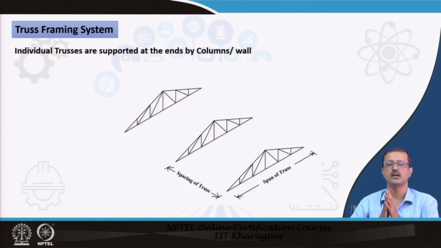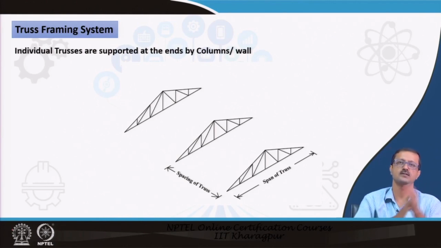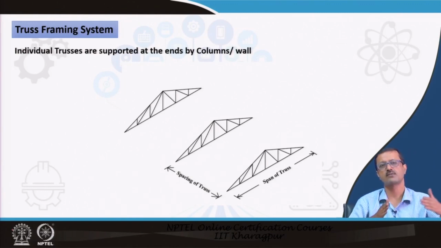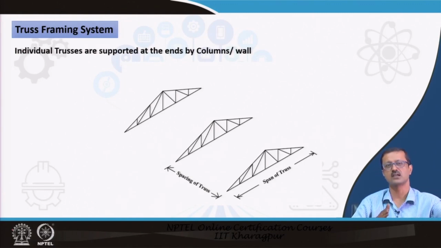But remember that a single truss cannot serve the purpose. A series of trusses, which may be of a similar kind or with some changes in geometry, has to be placed one after another at some spacing, and the whole building roof can then be taken into account. They integrate in a total way.